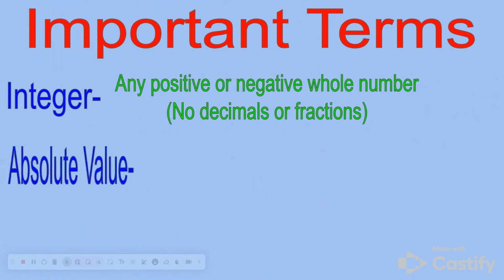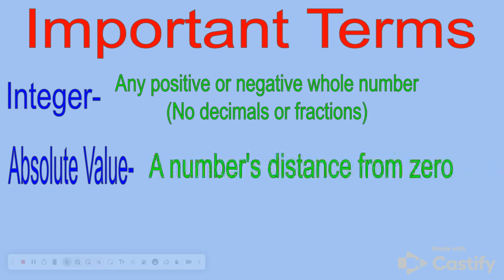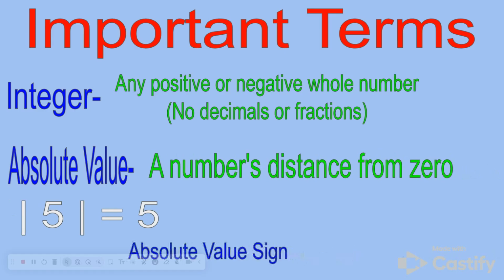And to go with integers is the idea of something called absolute value. Absolute value just means a number's distance from zero. For example, these two up and down lines are the absolute value sign. So this equation is saying that the absolute value of 5 is 5, because an absolute value is just the distance from 0.